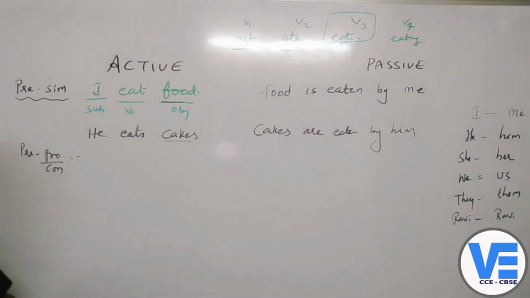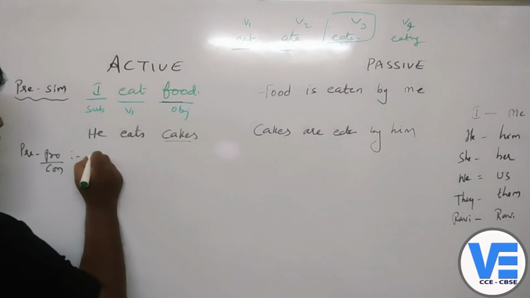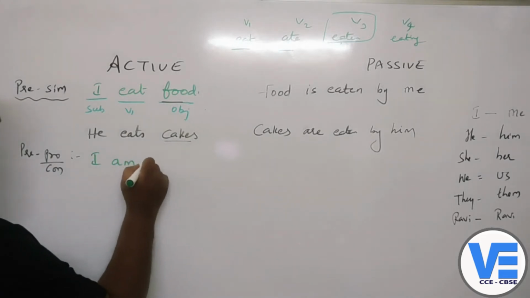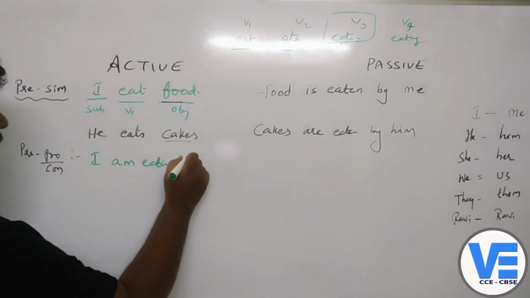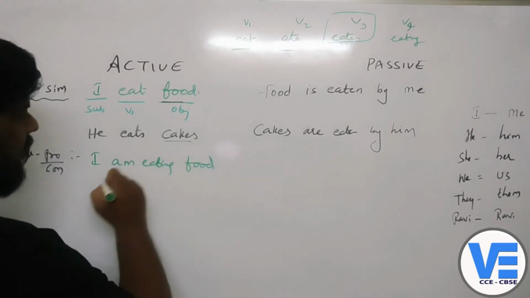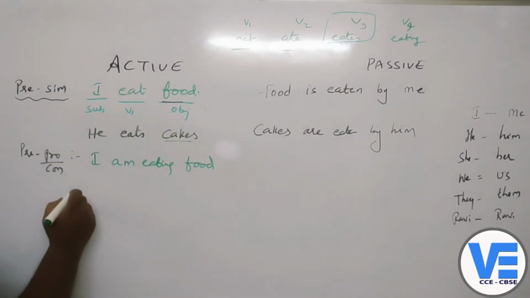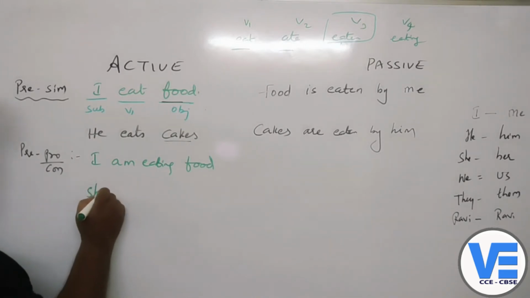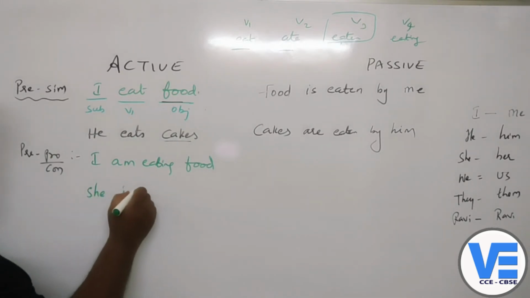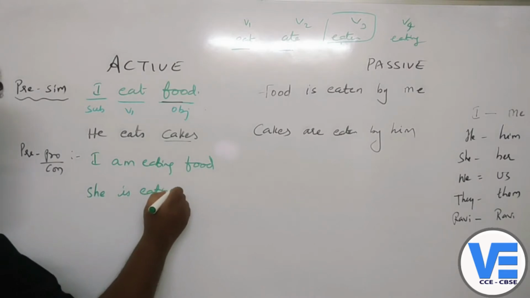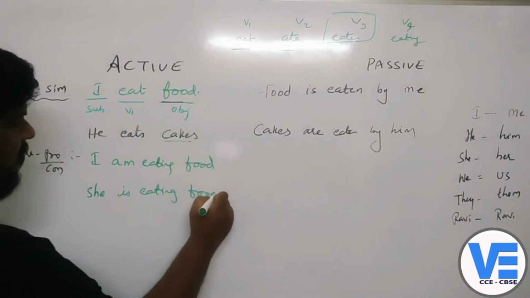Now when you come to the present continuous, I'm writing here: I am eating food. I'm also taking an example with he, or you can say she: she is eating food.